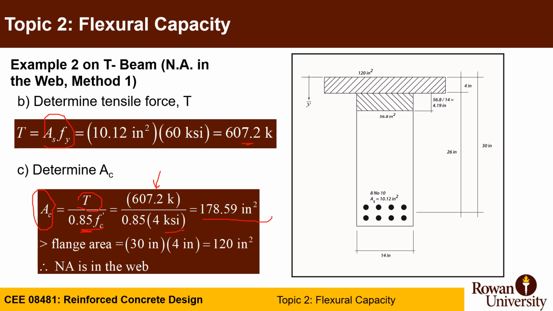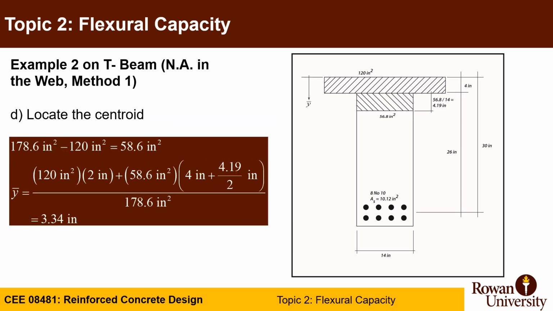It gives you a required area of 178.59 inch square. However, if you calculate 30 by 4, which is the area of the flange only, it will be 120. So in this case, the area required is more than the area of the flange, so the neutral axis is in the web. You need to add the web to make the balance. In this case, you can take the difference between the area required and the area of the flange, which will be 58.6.